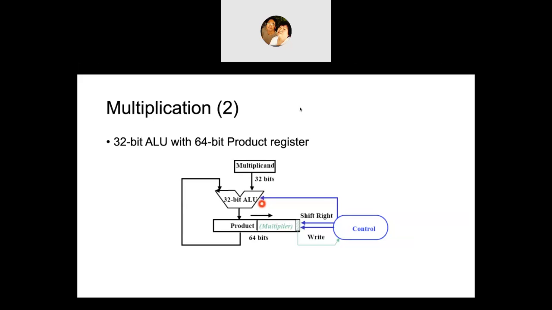So it's nice to have a smaller ALU. But for the product itself, we still need a 64-bit product register. And here is a note that we have to put the multiplier on the right-hand side of the product at the very beginning. This is the implementation of the multiplication algorithm in hardware. And most ALUs have to implement something like this.